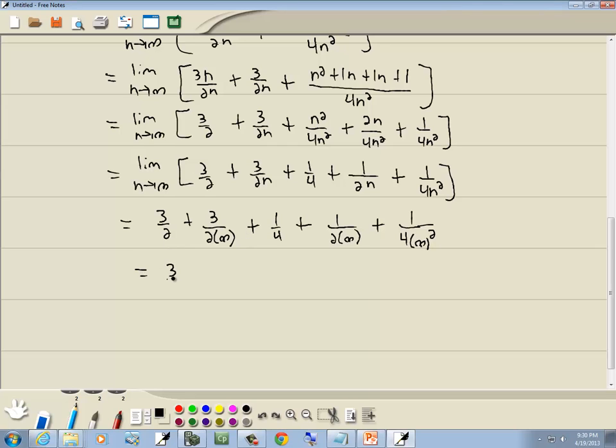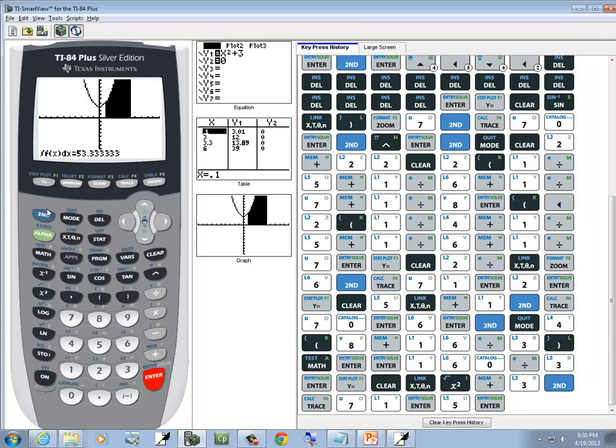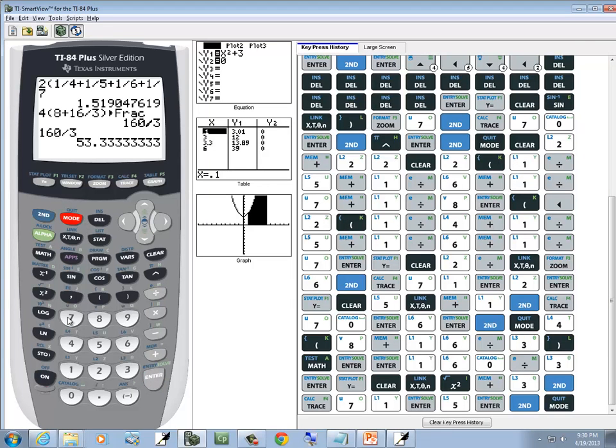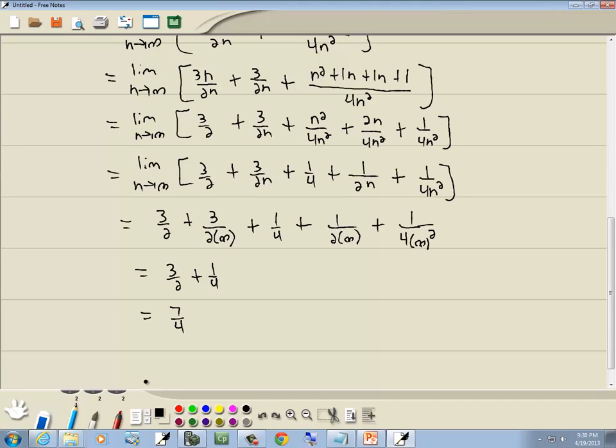So this ends up giving us 3 halves plus 1/4. All the rest of these went to 0. Which gives us 6/4 plus 1/4, 7/4. 7 divided by 4 is 1.75.